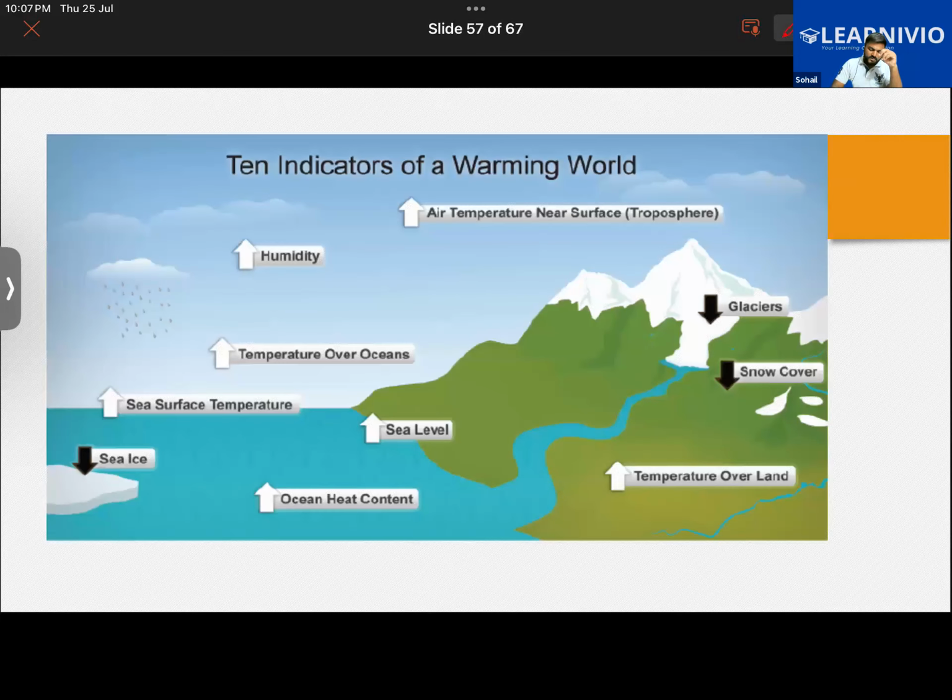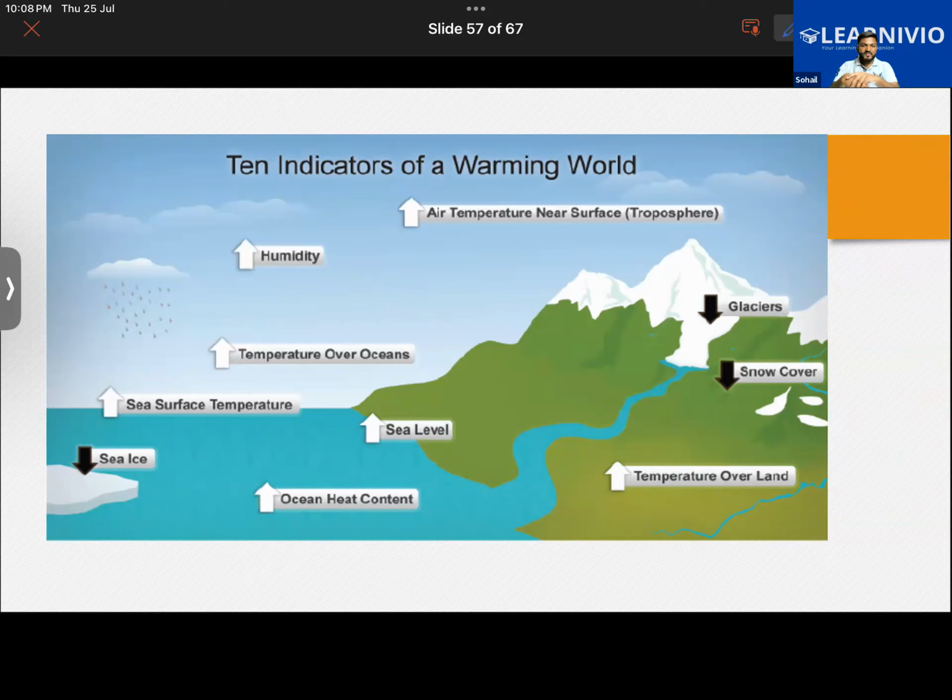Good. Now, moments ago we were learning about global warming. So what would be the indicator that we are experiencing this global warming? This year the temperature broke almost all the records. So the signs of a warming world are as follows.